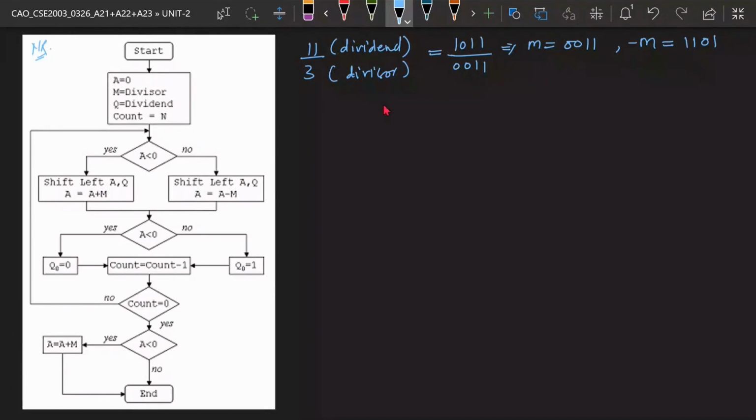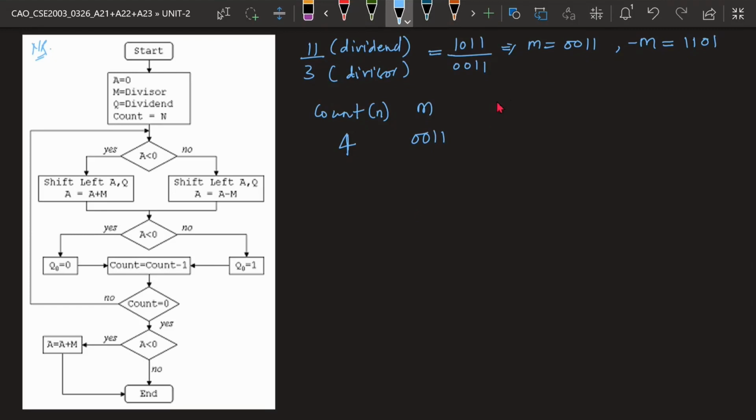So we will start with the initial values. Basically we will be initializing. The count value, or the n value, is the number of bits in the divisor and dividend. Here it is 4, so n will be 4. Next is the M value, that is the divisor, 0011. That will always be constant.